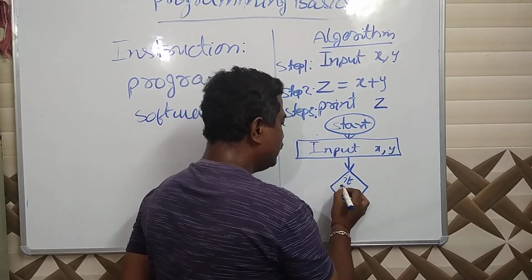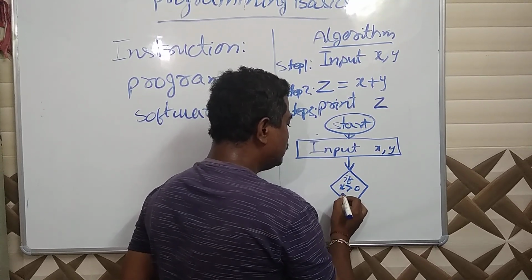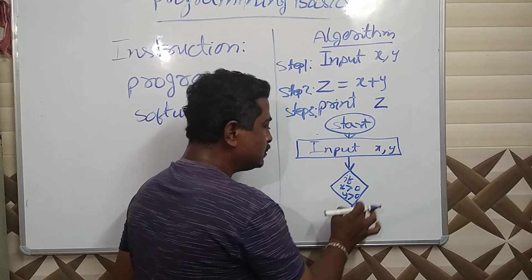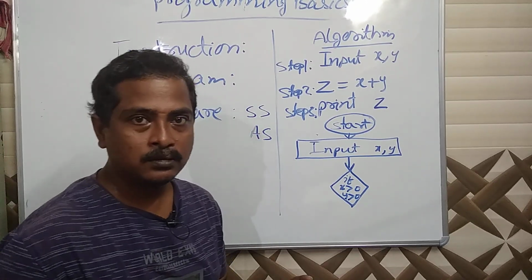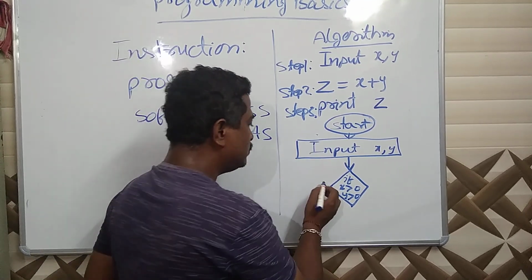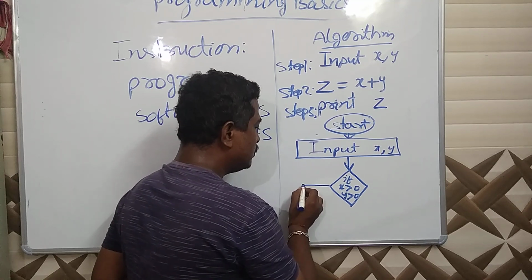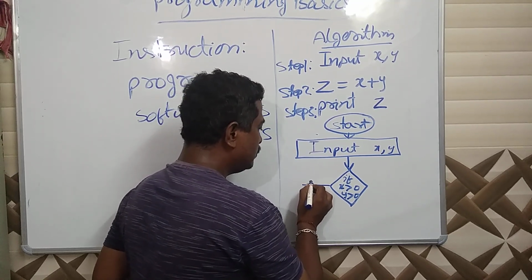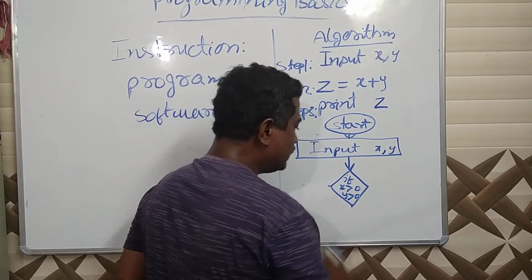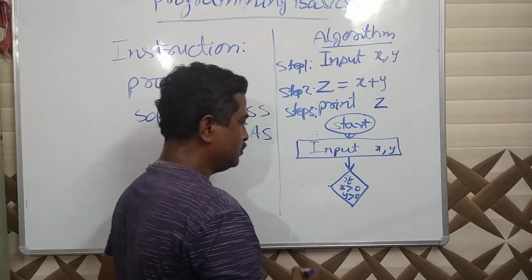If x is greater than 0 and y is greater than 0, that means a diamond shape is used for some conditions. Okay, if both are greater than 0, there are two conditions. What are the conditions? One is yes condition, one is no condition.